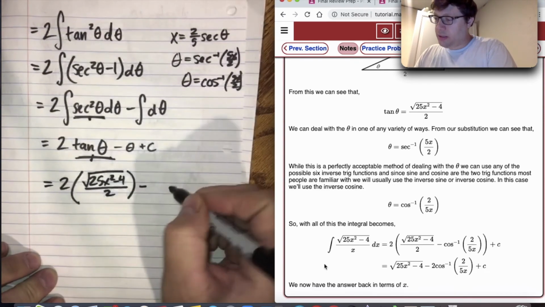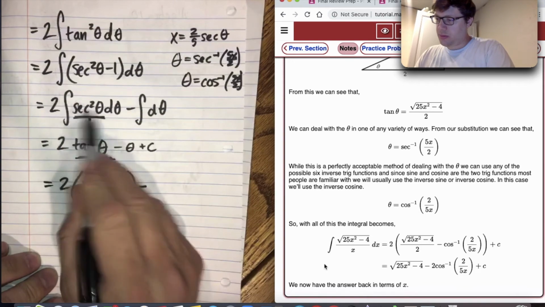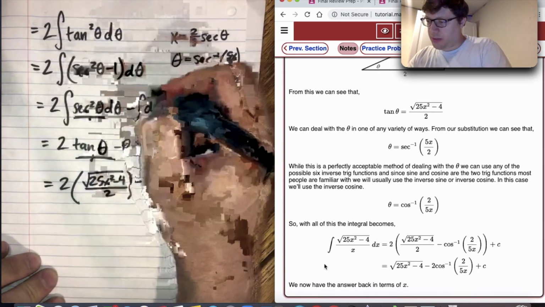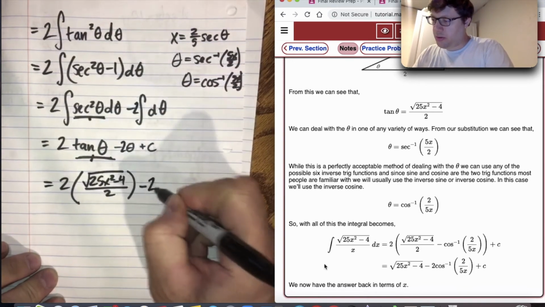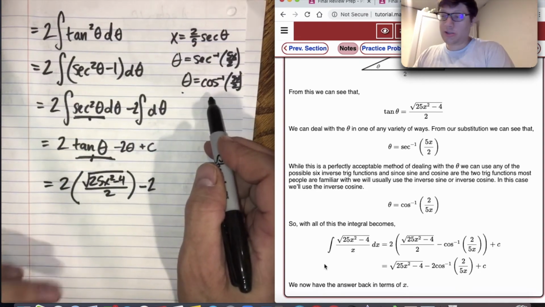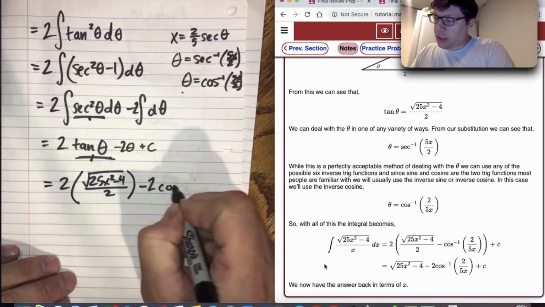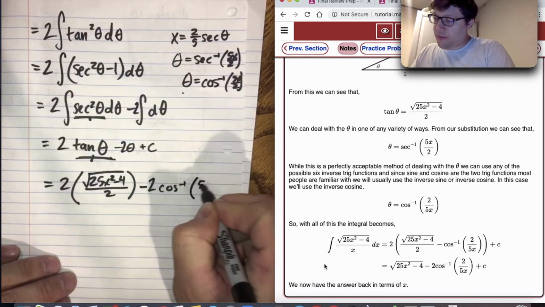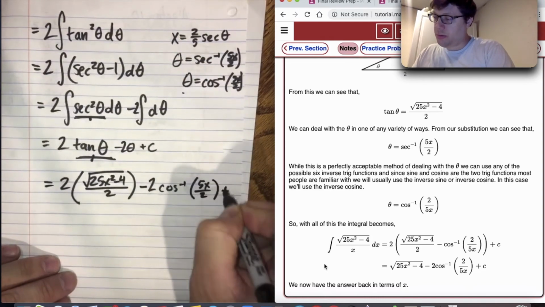And then, because there's 2 of them, there's got to be a 2 there and a 2 there. Theta is now expressible. I mean, cosine looks better than secant. So cosine inverse of 5x over 2 plus c. And you know what?